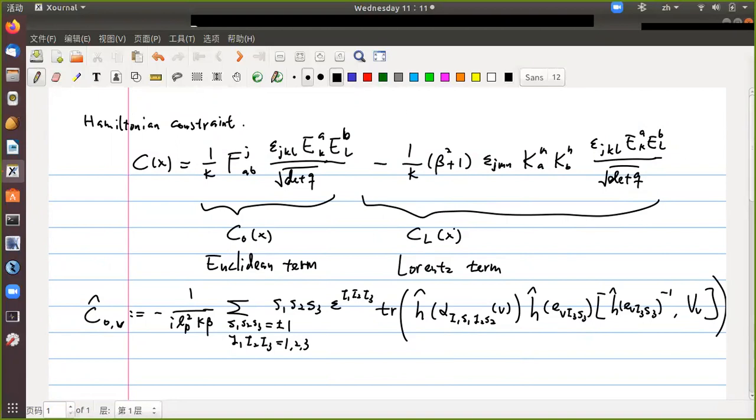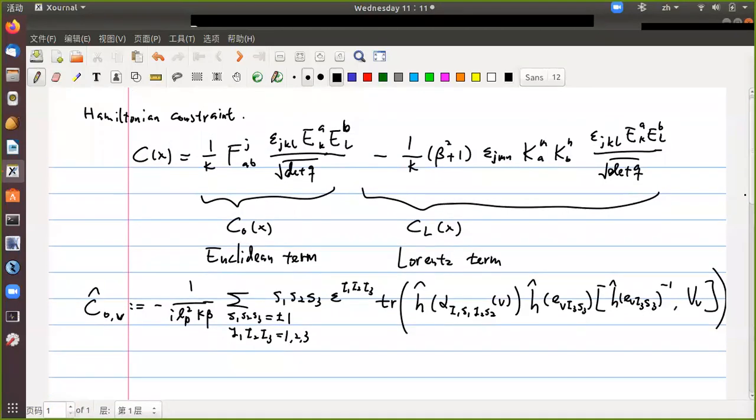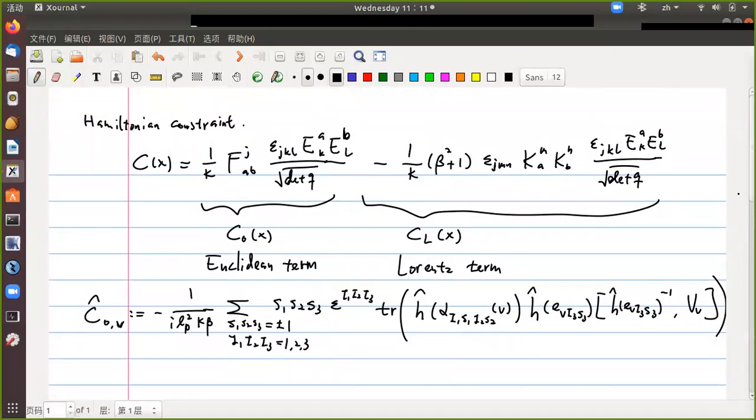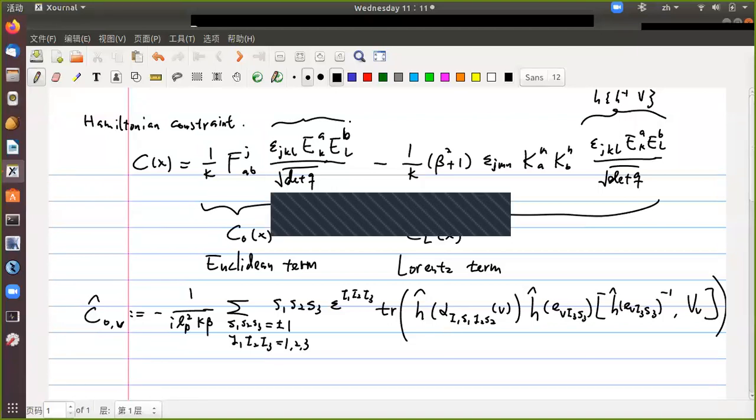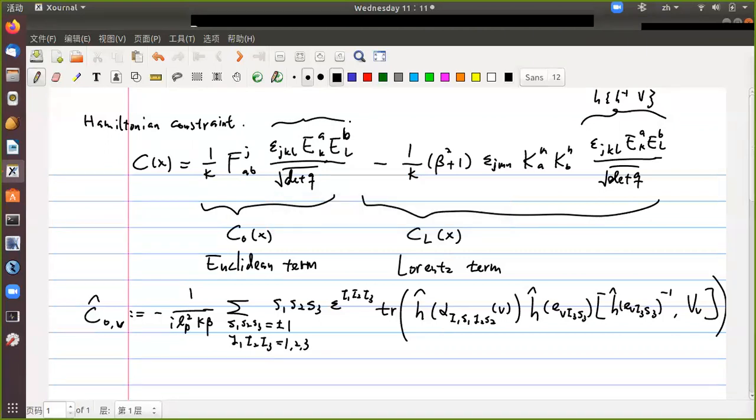So we just need to compute the quantization of the Lorentz term, and you can see that the Lorentz term has a term identical to the Euclidean term, and this will be just this H H V. So you can replace this term by using the Poisson bracket of holonomy and volume, just like we have treated this term as a holonomy and the Poisson bracket between holonomy and volume.